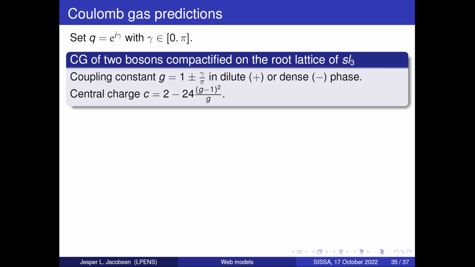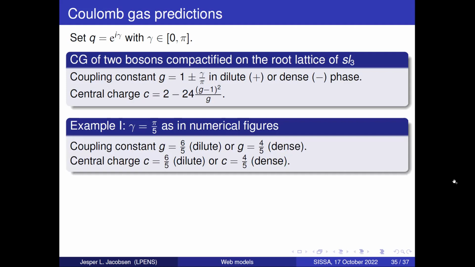And so you get a one-to-one mapping between a two-dimensional interface living on top of our two-dimensional world and the configurations on the lattice. And once you go through the math, you can find out that the coupling constant in this Coulomb gas is given by two different expressions, depending on whether we are in a dilute or a dense phase. And the central charge takes an expression, two because it's two-dimensional heights, minus some correction that has to do with G.